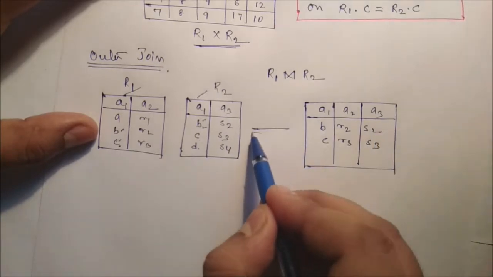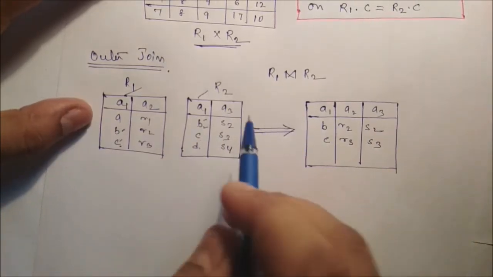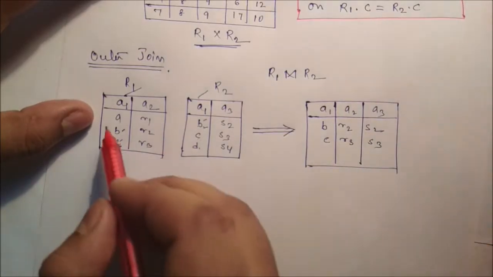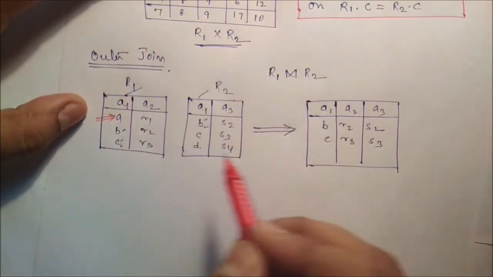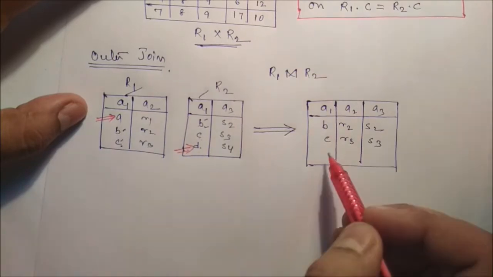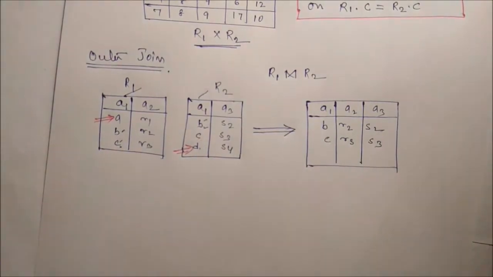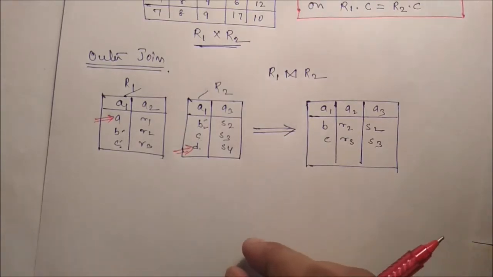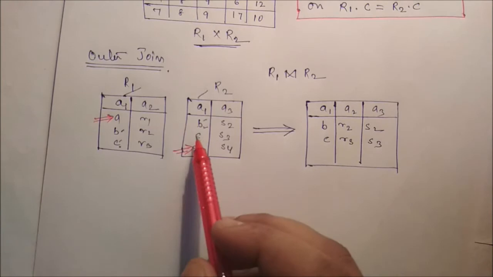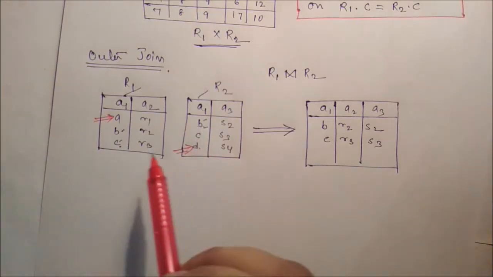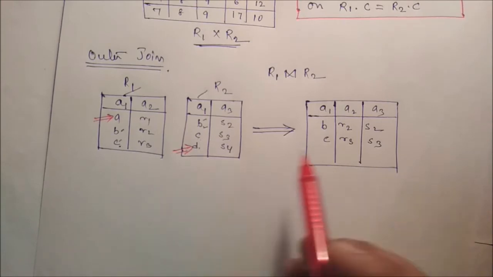This is our inner join, and you can see in this table A is not there, and D is not there. In inner join, it includes only those rows with the matching attributes. B and C are the matching attributes, and the rest are discarded, so A and D are discarded in the final table.